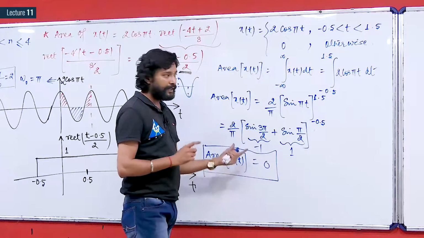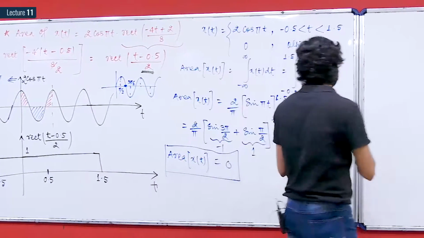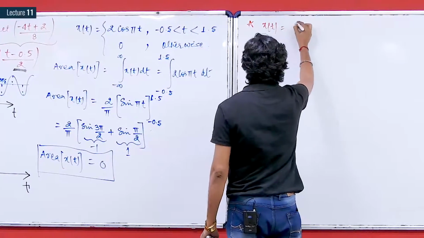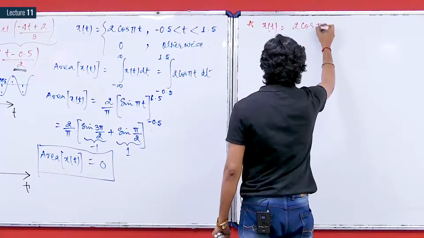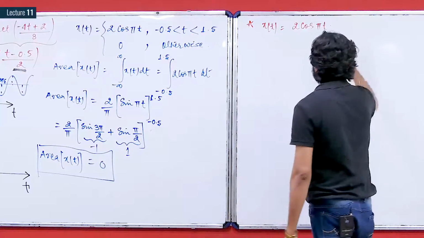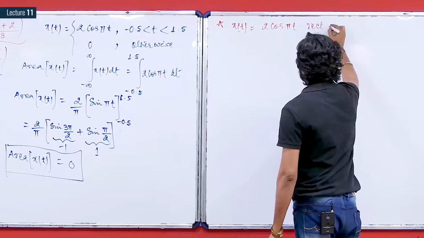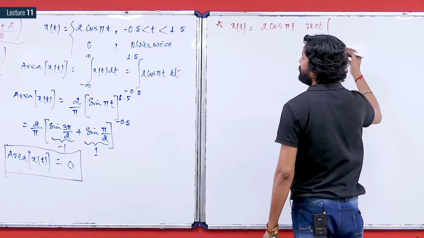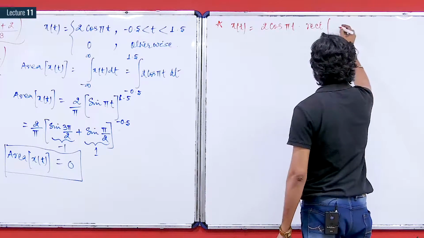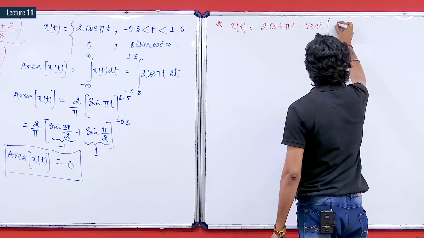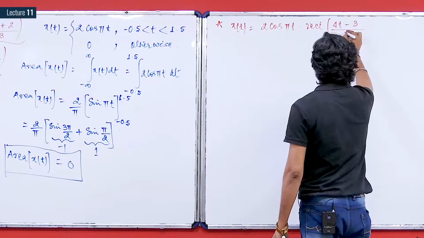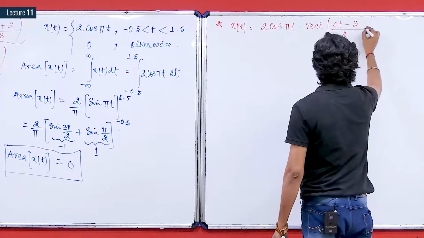If you want to take another example, say we have a signal x of t given the same as 2 cos pi t, but now we multiply this with a rectangle, the rectangle of what we took earlier, which was 4t plus 2. So if we take, say, 4t minus 3 upon 2.